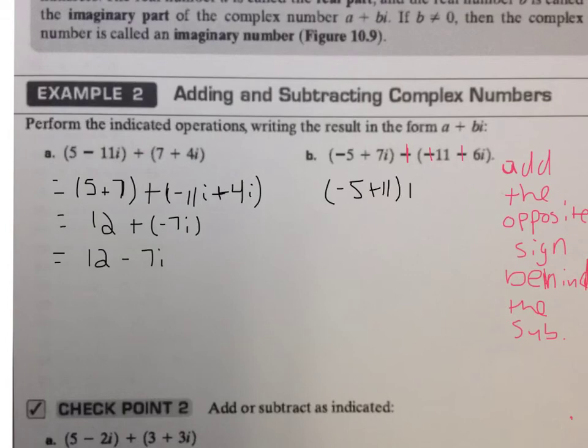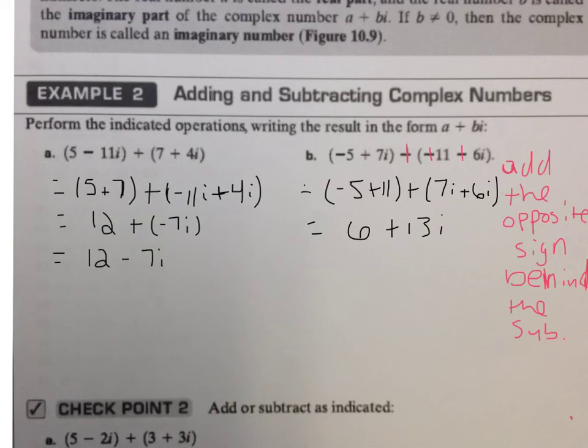And I'm adding now, so I can also put my imaginary parts together, 7i, and this is a positive 6i, so it's plus 6i. If I add here, I get 6, and if I add 7 to 6, I get 13i, so 6 plus 13i. And that's all we got to do for B.